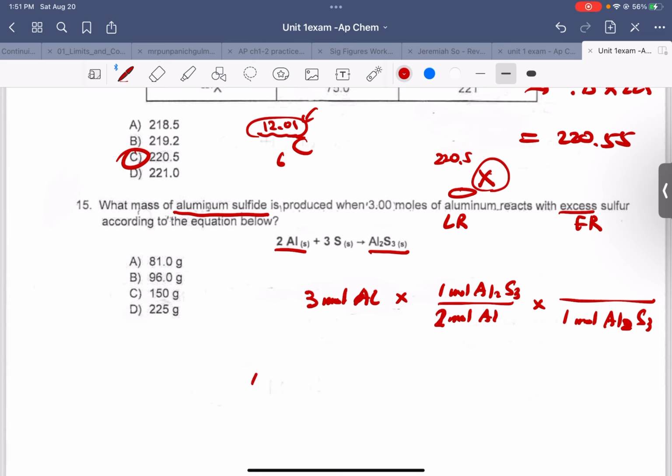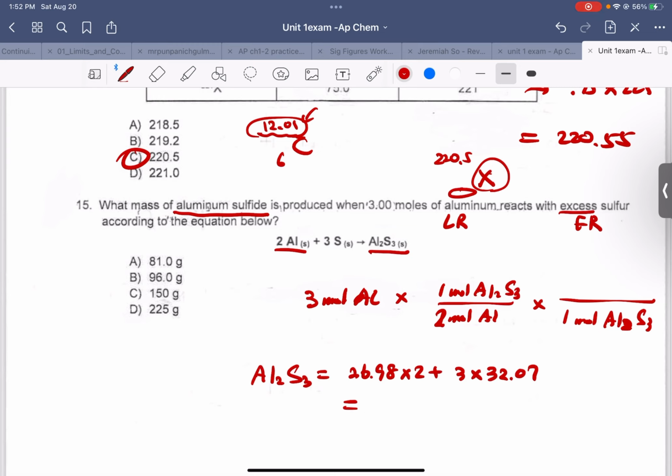What is the molar mass of aluminum sulfide? Aluminum in my table is 26.98, times 2, plus 3 times sulfur, which is 32.07.